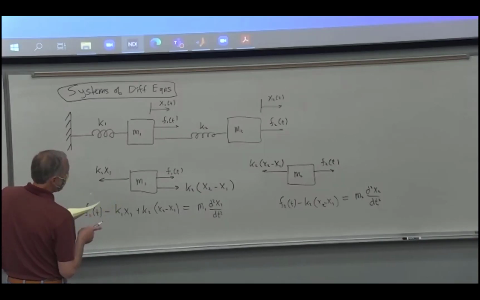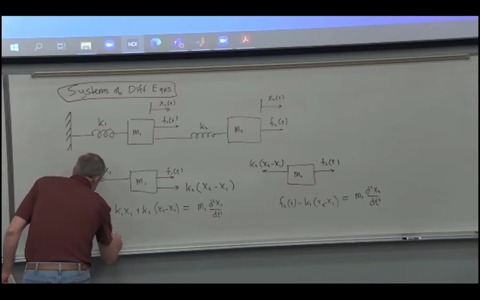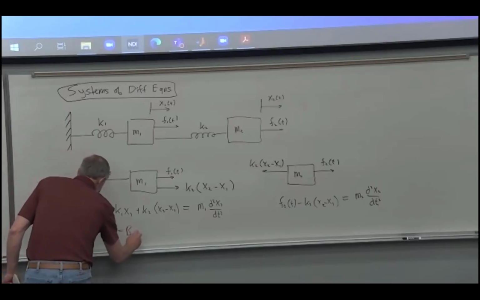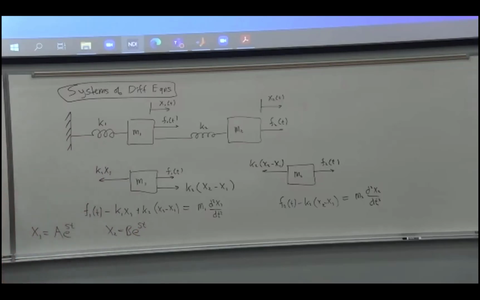All right, so the differential equation method, we're going to plug in, we're going to assume... obviously they have to be different, right? X1 is not necessarily x2.